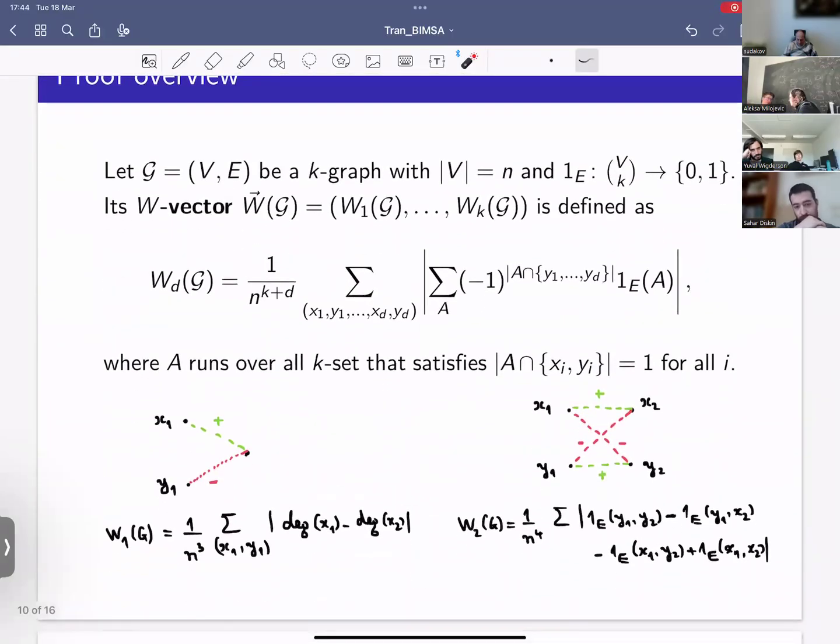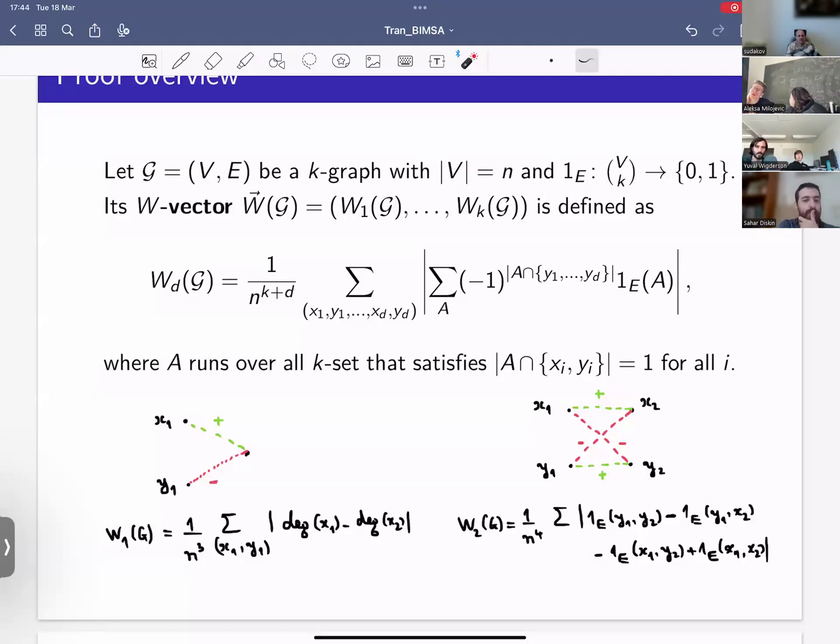So let me give the overview. We have a k-uniform hypergraph G with vertex set V and edge set E, and V has n vertices. I will denote by 1_E the indicator of the edge set of G, so it is a function from V choose k to 0 or 1.